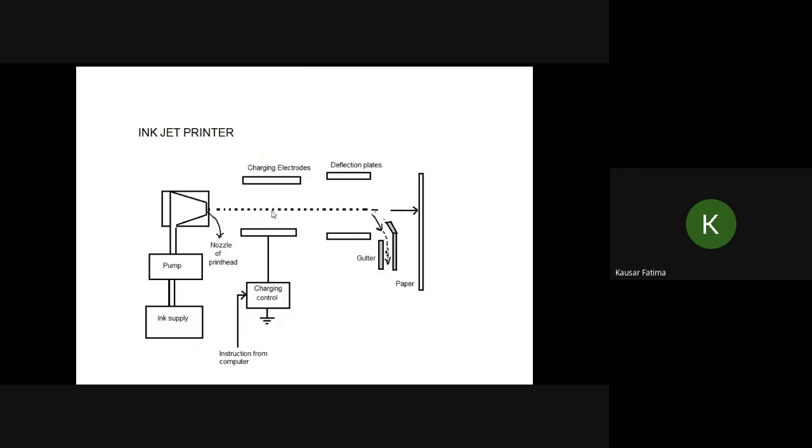Suppose there is a positive charge on the droplets and the lower plate is negative, they will deflect towards it and they will fall on it. It means the charged droplets will be there when the print head passes over the region where there is no writing. No writing means ink should not reach the paper.